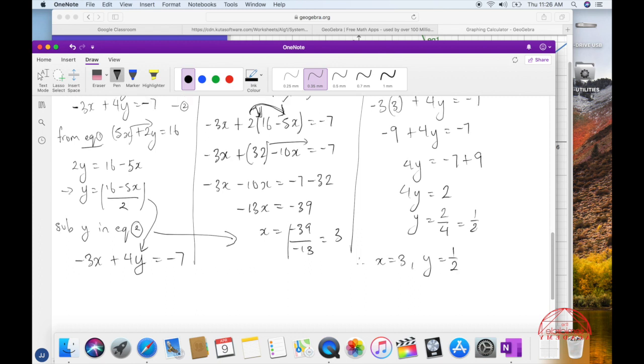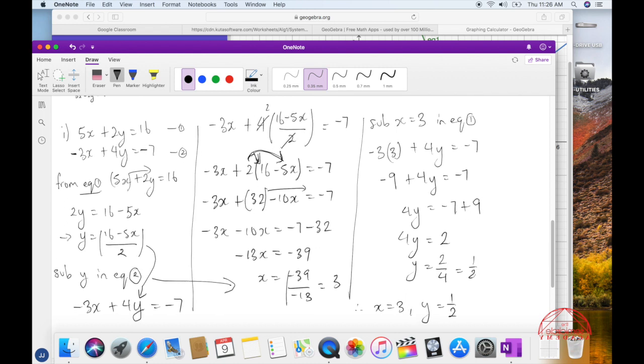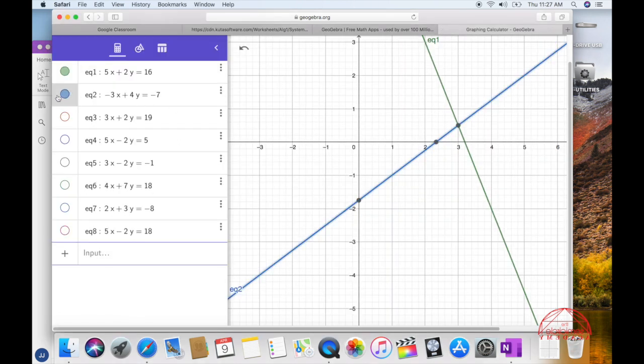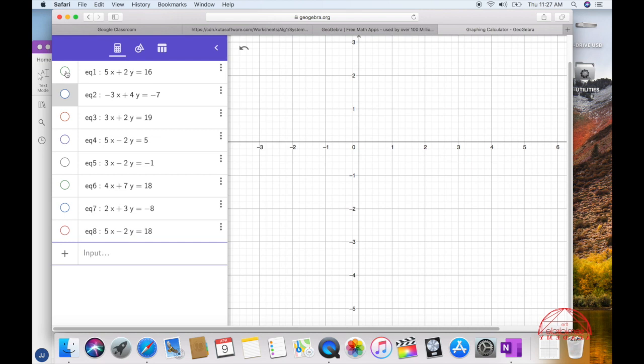Now, what are we actually doing when we are solving simultaneous equations? Remember, each equation represents a line. So if we look at our GeoGebra calculator here, I have the two equations. We have the first equation, 5x plus 2y is equal to 16, and that forms that line.